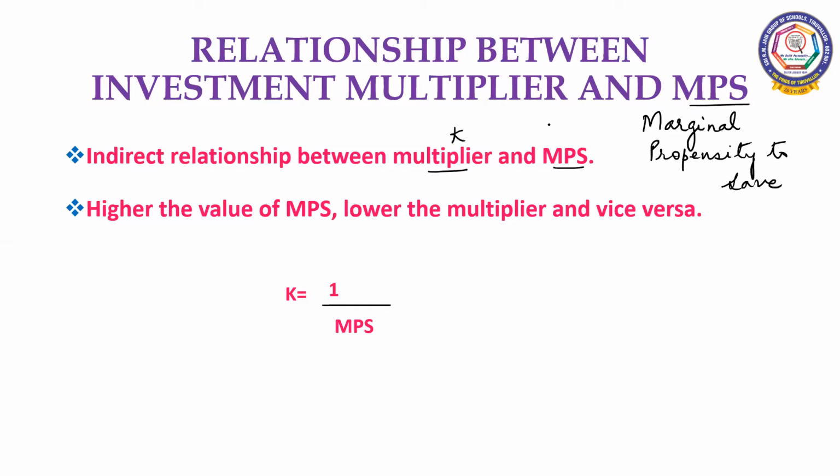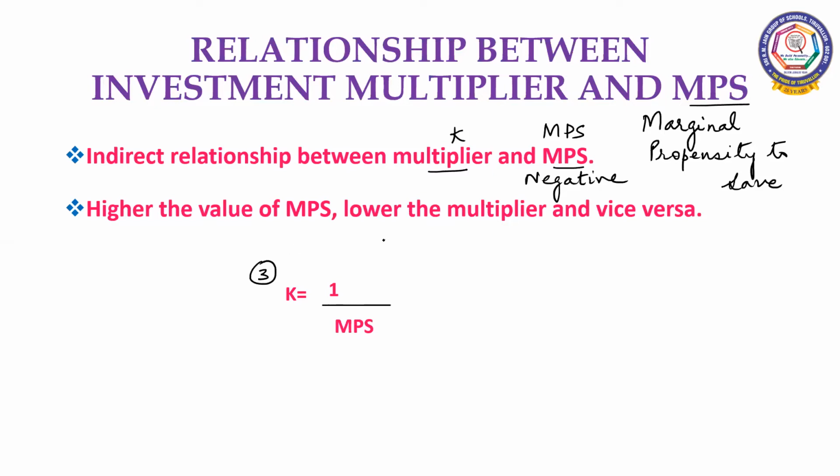So between K and MPS, there's a negative relationship. Higher the value of MPS, lower the multiplier, and vice versa. And this is the formula for calculating multiplier using MPS. So this is the third formula that you are learning for multiplier. Now higher the value of MPS, lower is the multiplier.